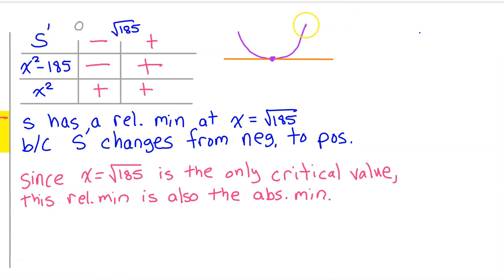Imagine that this graph were to bend around and come back lower than this critical value. That would make this a relative min, but not the absolute min. However, if it bends back around like this, then we will have a second critical value. If we have only one critical value, that means that the graph does not bend back around and can never come back and be lower than what we have. So we know that this relative min is also the absolute min.